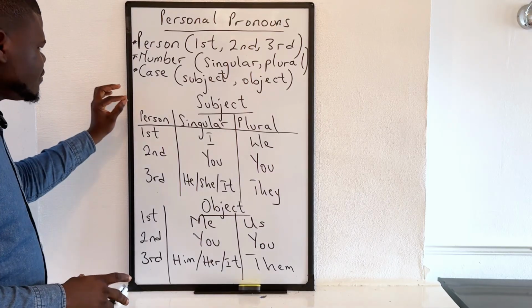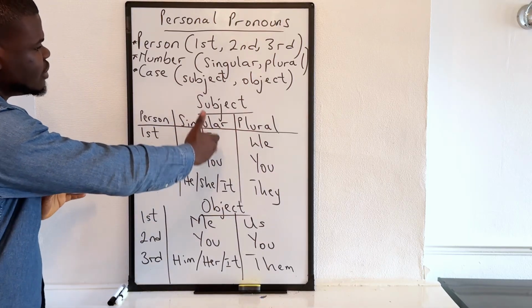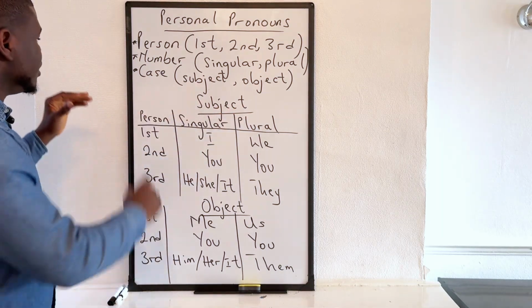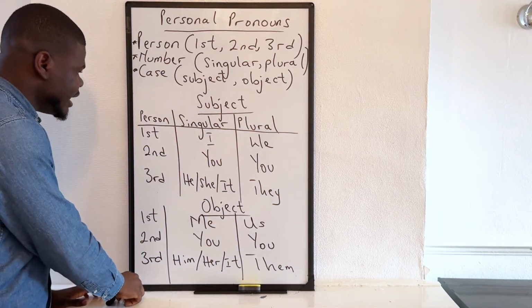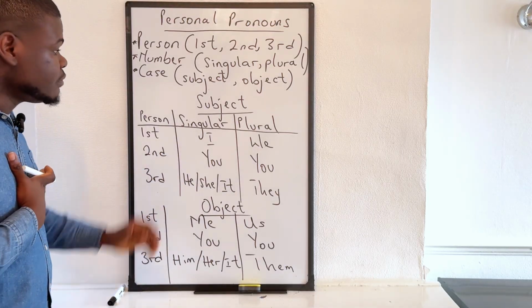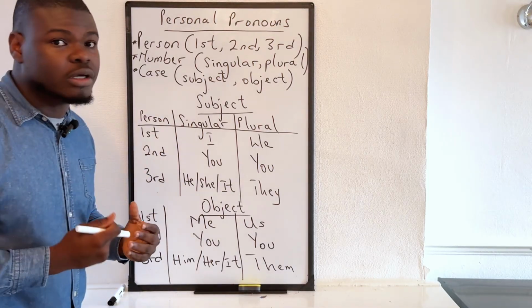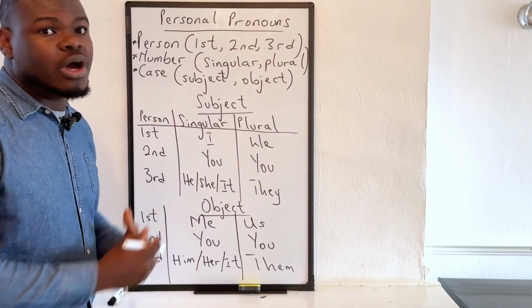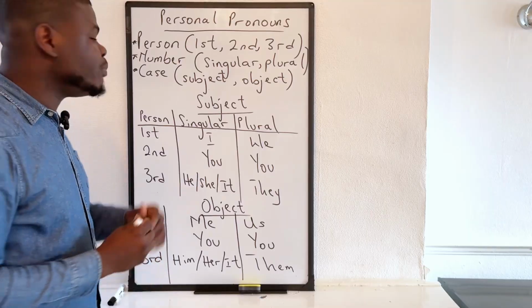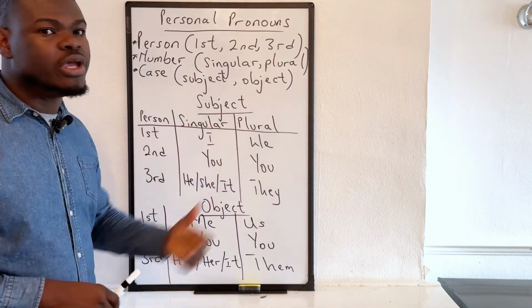Now, I've divided it into person, singular, and plural, and then the case, that's the subject. Now, the first person personal pronoun is I. But if we are more than one, and we are co-first persons, that is we. So the plural version of I is we.